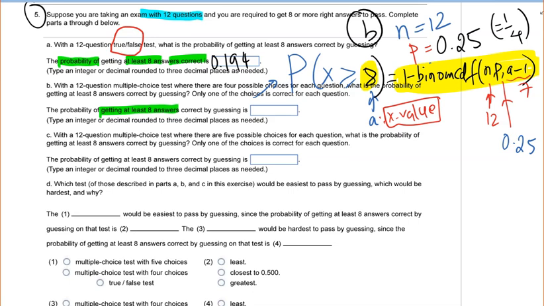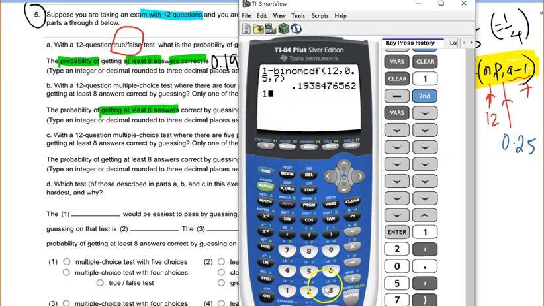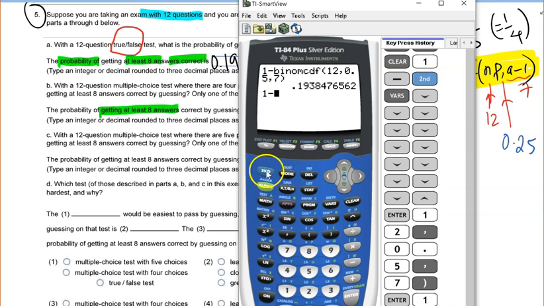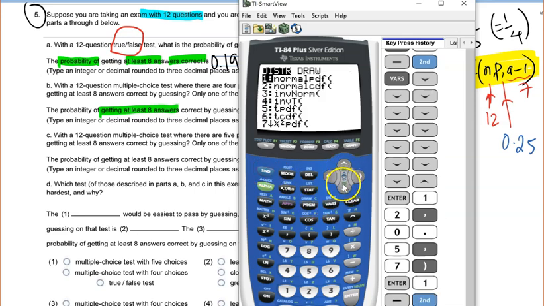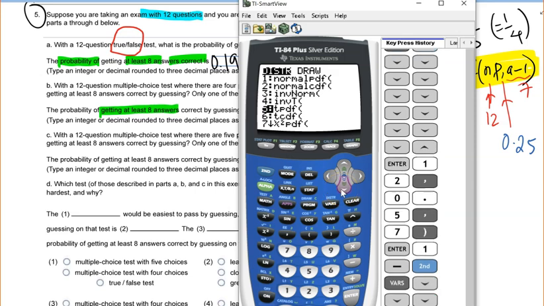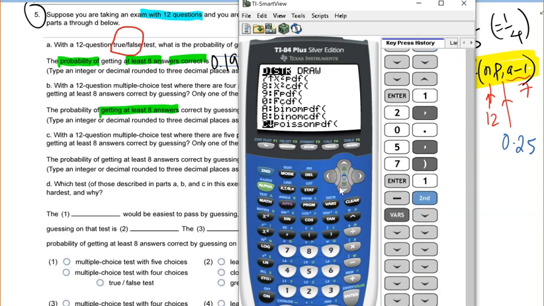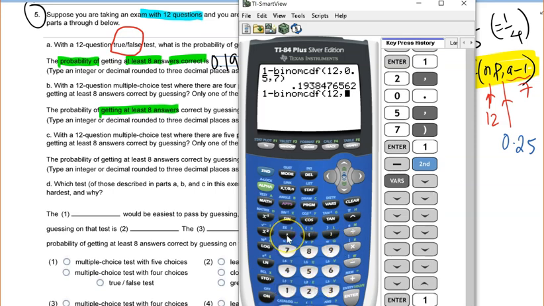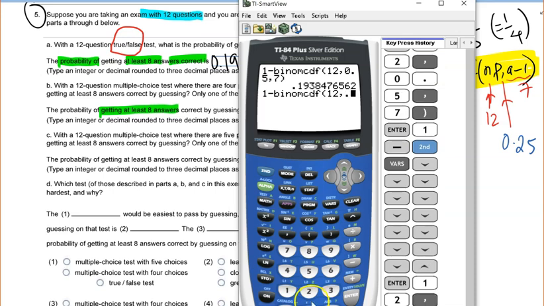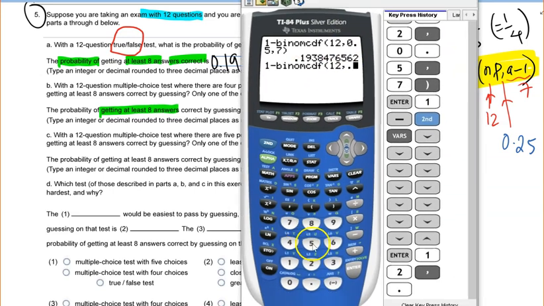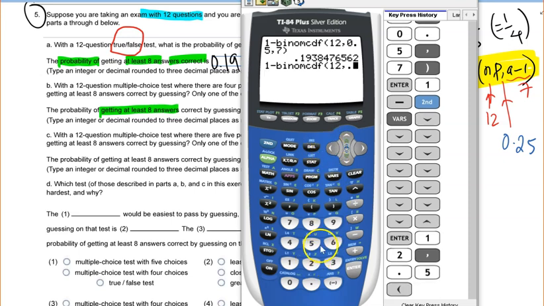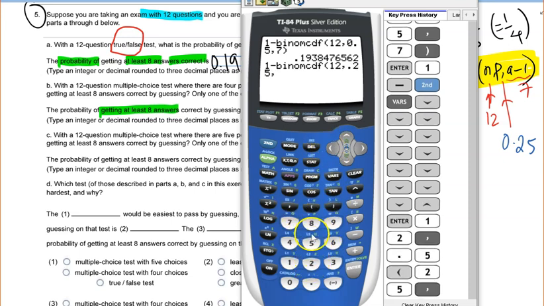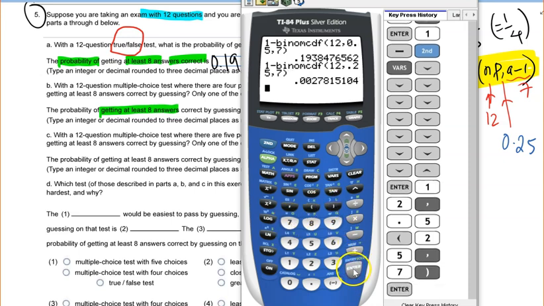You do the same thing: 1 minus, second VARS, and you find binomCDF in this window, option B, press enter, and you type 12 questions, comma, 0.25 is the probability of success, comma, 7, enter, and you get the answer 0.0027.